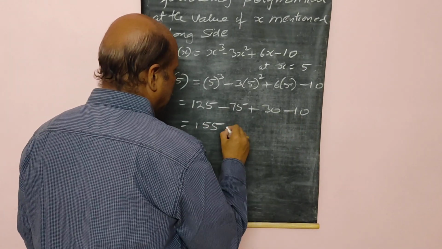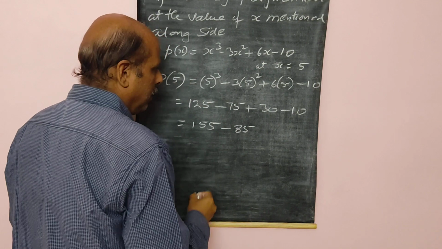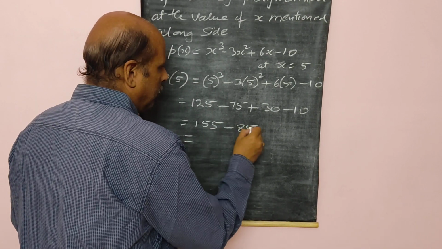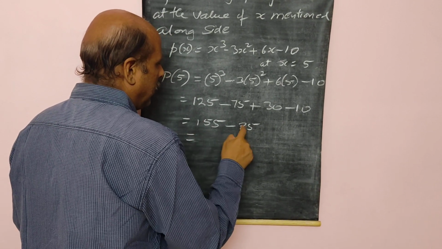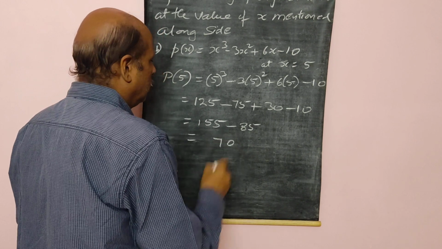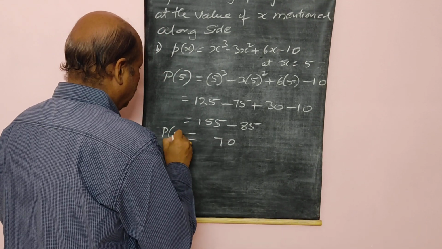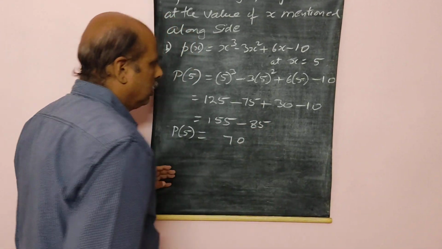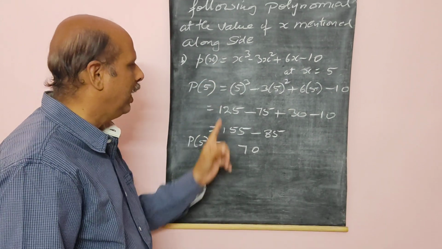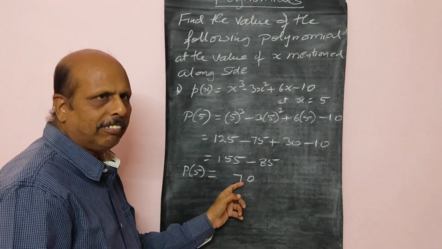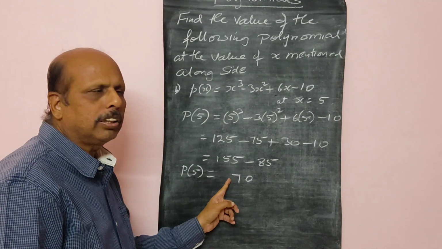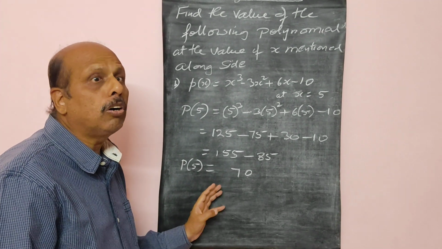And this is minus 85. So this will be 70. So p of 5 is 70. That means the value of the polynomial at 5 is 70. Therefore, 5 is not the 0 of the polynomial.